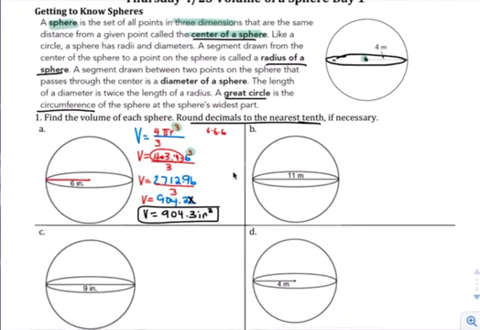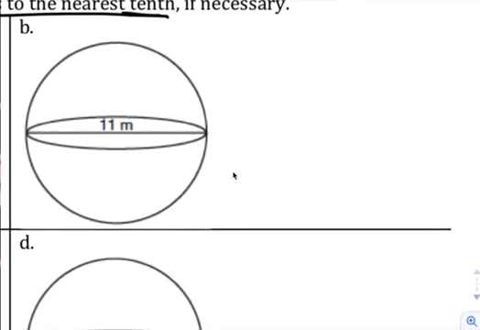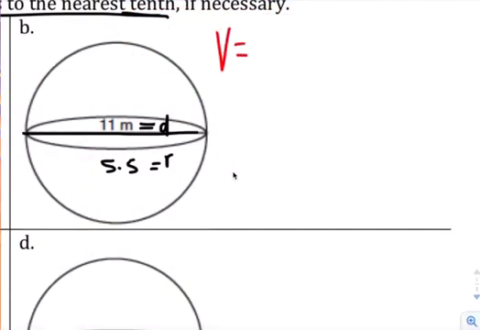So here is a diameter. This is a diameter of 11, so the radius, which you're going to need, is 5.5. So again, the formula for the volume of a sphere is 4 over 3 times pi times radius cubed.